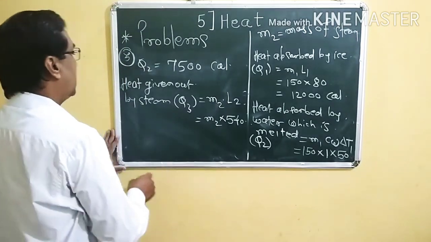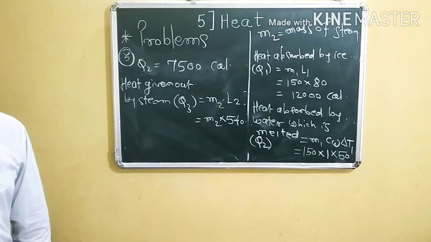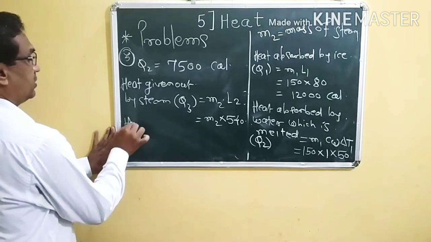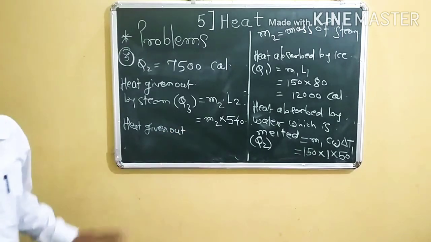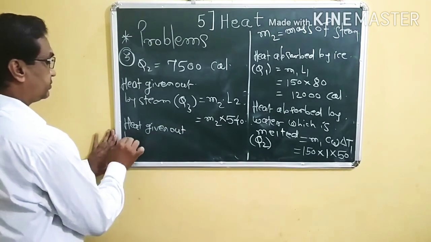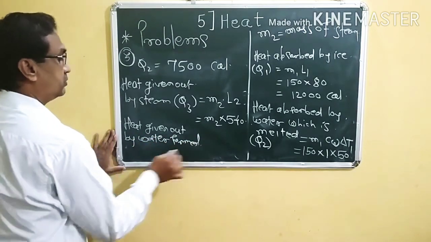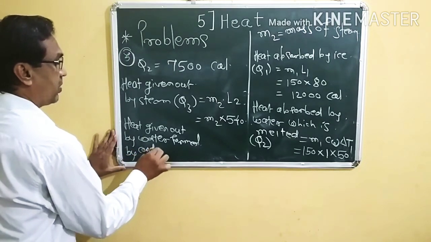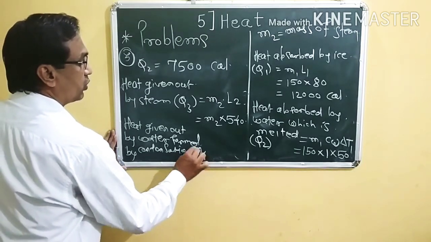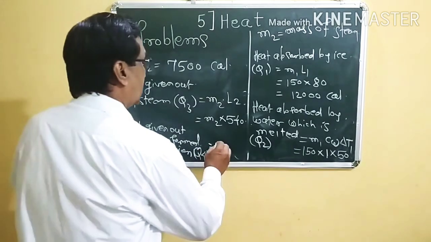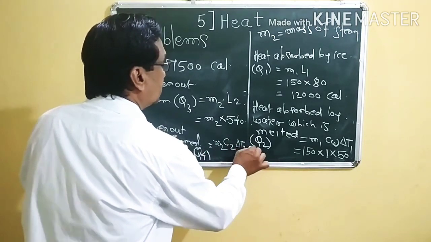This is Q3, and the last one is Q4. So, heat given out by water formed by condensation, and that is Q4, and it is M2 C2 delta T2.